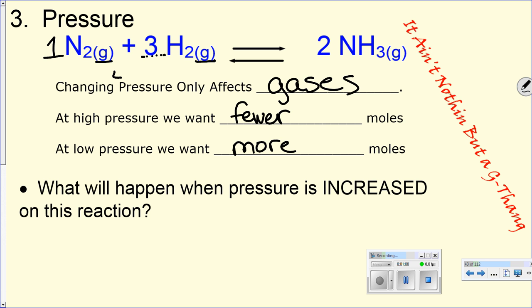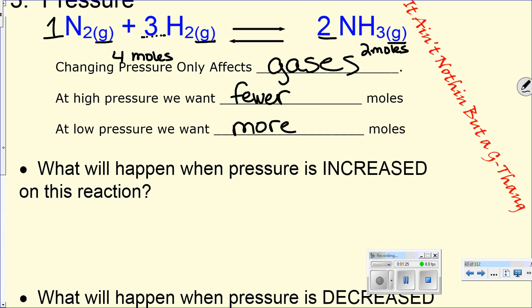So on our left-hand side, we have 4 total moles of gases. This is a gas also. We have 2 moles of gas over here, so we have 2 total moles on the other side. So when we increase pressure in this reaction, we are going to favor a shift to the side with fewer moles. In this case, that's going to favor a shift toward our 2 mole side.